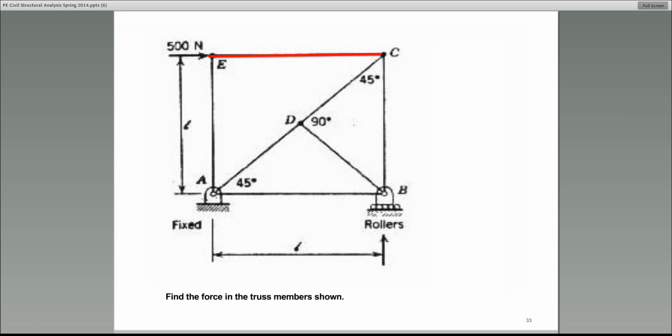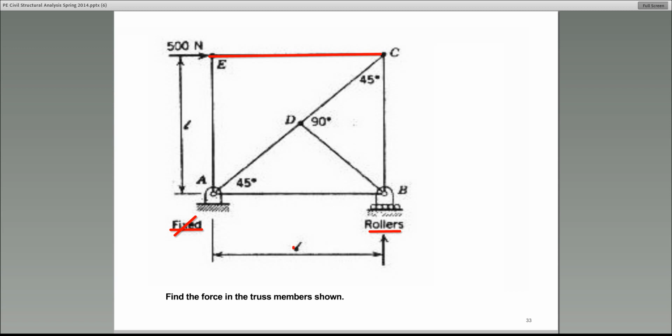By the way, before we do the solution, could you do me a favor? The word fixed, remove that. It's not fixed. That's a pin. At the point A, make that a pin support. At the point B, it's a roller support. All right? And this thing here, this is an L. This is a lowercase l.